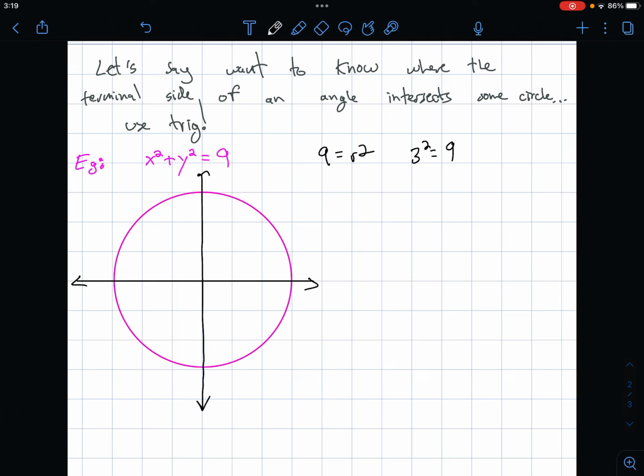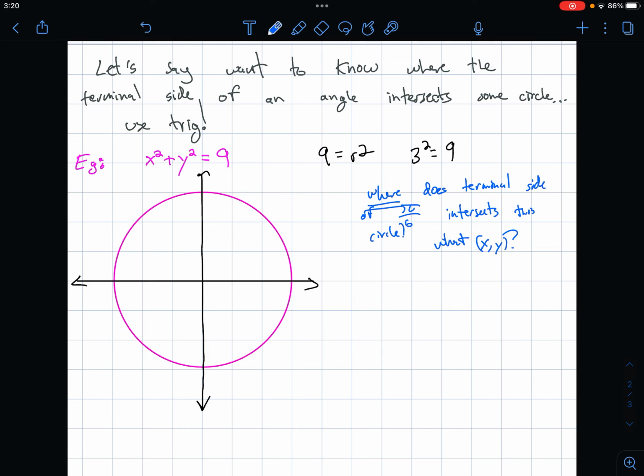And let's say I want to know where the terminal side of the angle pi over 6 intersects this circle. It might seem like a random question, but it's actually going to be a really important question. When we say where, we're saying at what x and y coordinate does it intersect.